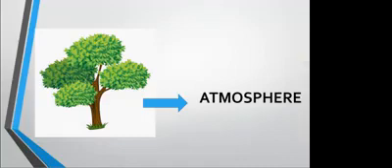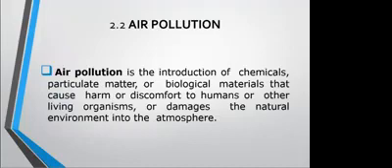So let's now move on to air pollution. Aside from the substances listed in the table on the previous slide, the atmosphere is also composed of other substances such as oxides of sulfur, if you can still recall that, and oxides of nitrogen.